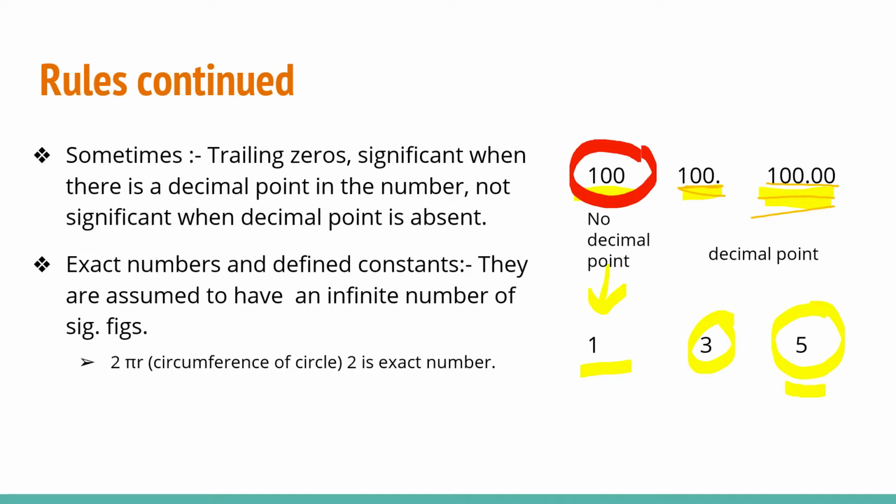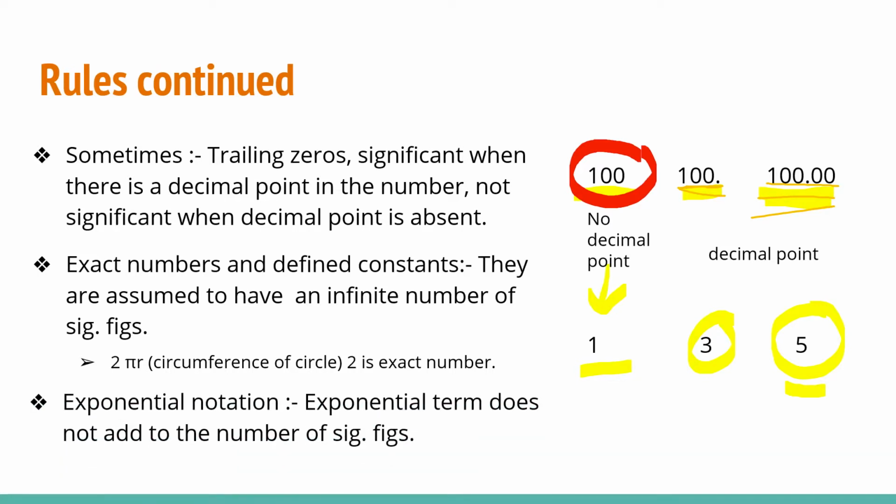Additionally, if the number is expressed in exponential notation, then the exponential term doesn't add to the number of significant figures. For example, if your number is 2.03 times 10 to the 5th, then the 10 to the 5th does not add to the number of significant figures. You will only count the significant figures like this, 203. So there are three significant figures in this number.